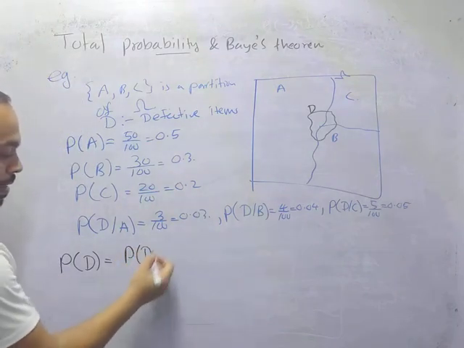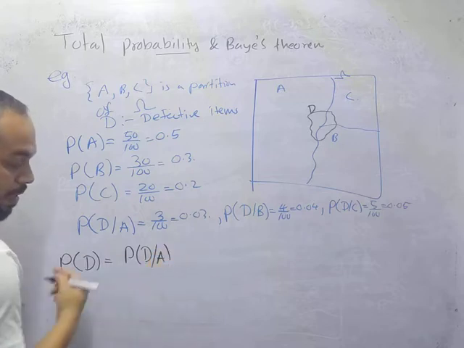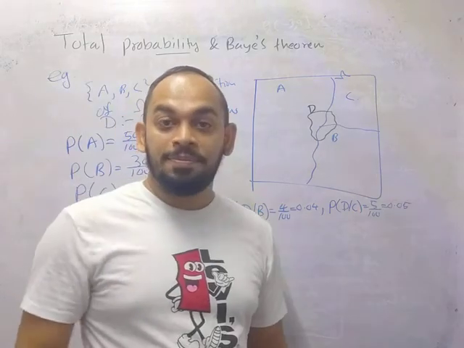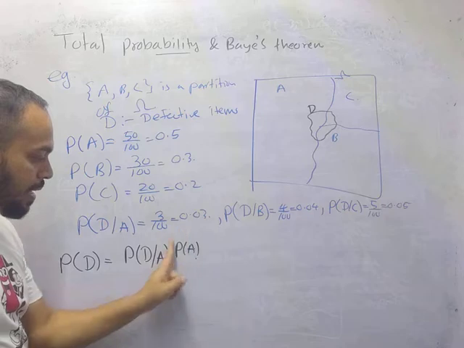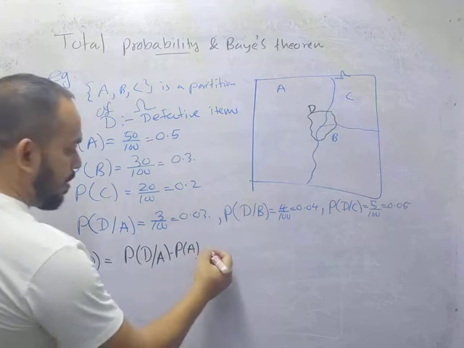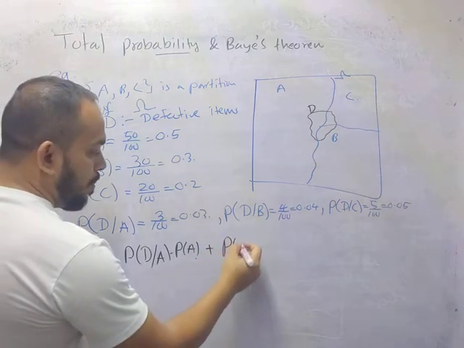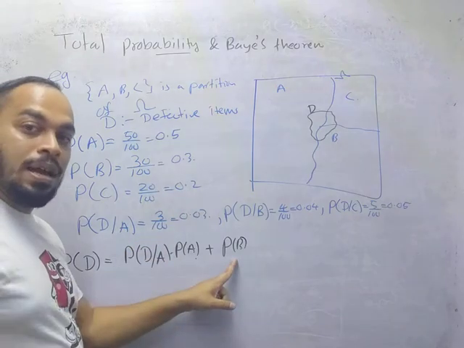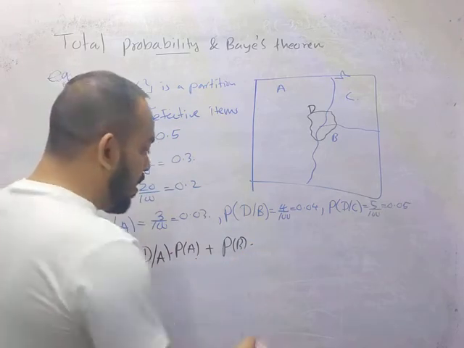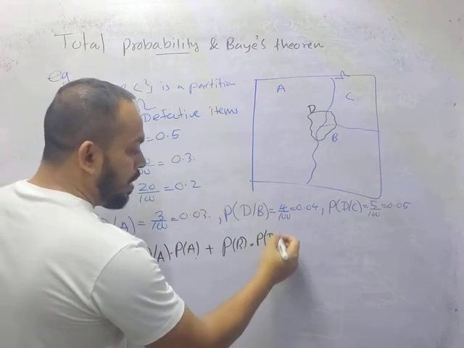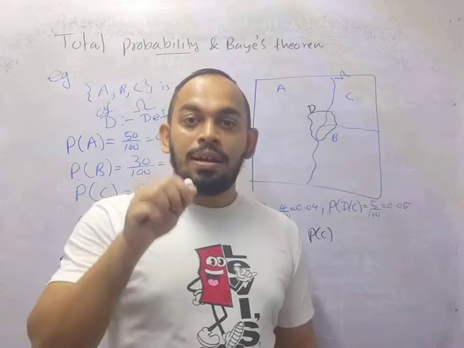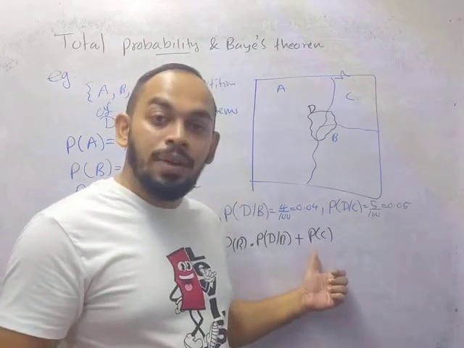Probability of that item being defective and came from A, and probability of that item is from A. Then we say probability of B, the item came from B machine, multiplied by D given B. Then probability of C. The selected item could have come from C. What is that probability?